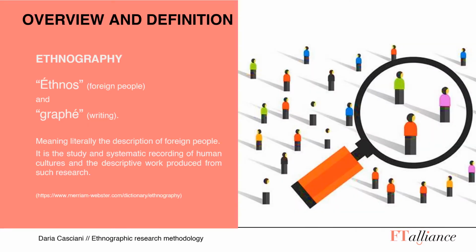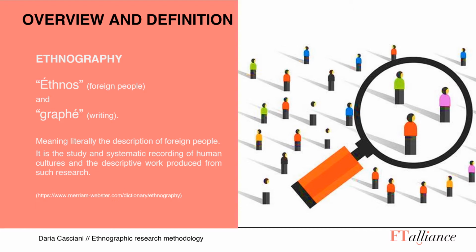The term etymology goes back to ancient Greek, from ethnos, which means foreign people, and graphe, which means writing. So literally, ethnography means the description of foreign people, so foreign society. This presupposes two things.